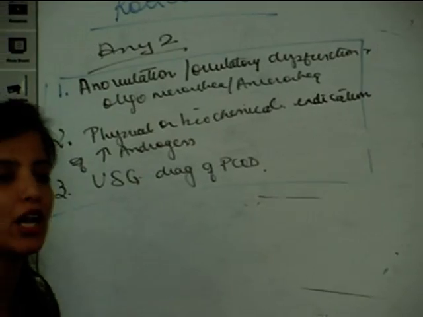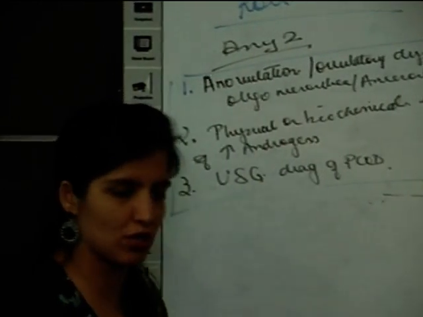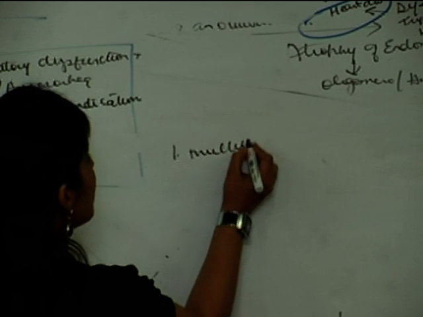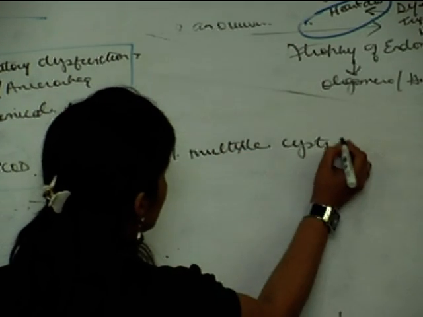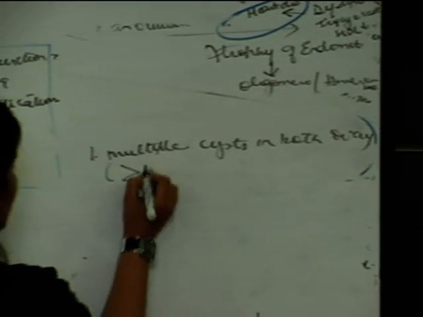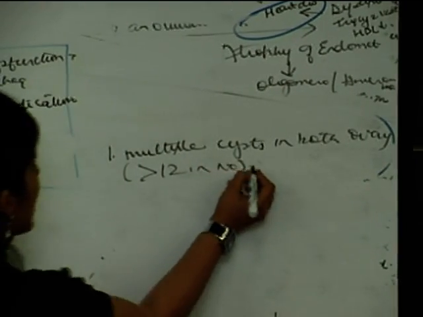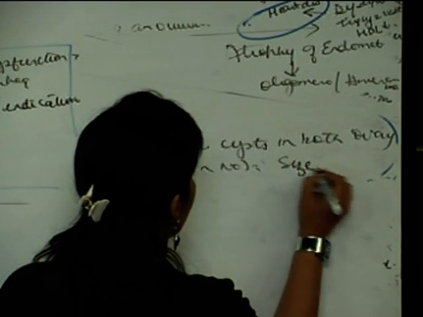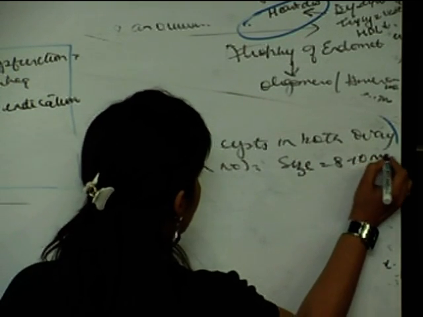Now, what is the ultrasound criteria for PCOD? Number one, there should be multiple cysts in both the ovaries, more than 12 in number, and the size of the cysts should be roughly between 8 to 10 millimeters.